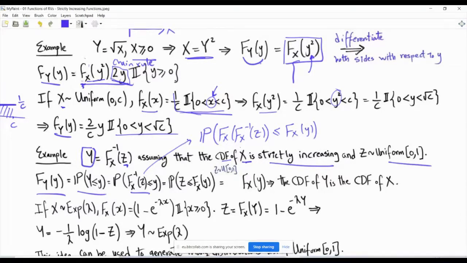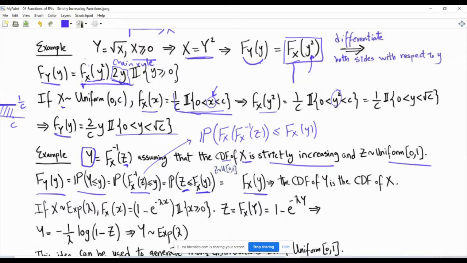Then the CDF applied to the inverse CDF of Z, that's Z itself, by the definition of the inverse function. And then we have the probability that Z, which is that uniform 0, 1 random variable, is less than or equal to F_X(y), which is the CDF of X evaluated at a small y. Now this is equal to F_X(y).